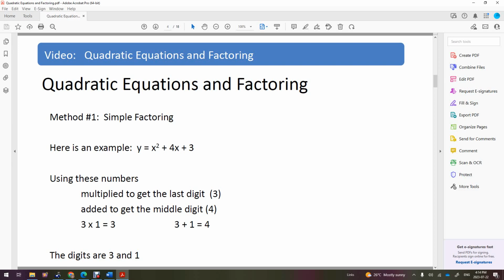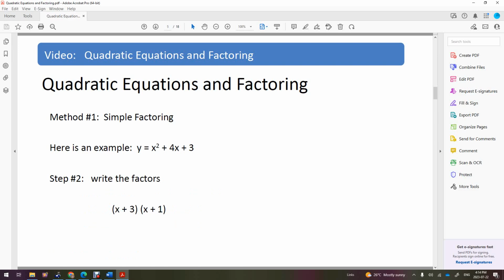So the digits are 3 and 1. Digits, another word for number. So we take our brackets that we saw in the factored form. We put the first factor of x plus 3, and we put the second factor of x plus 1.